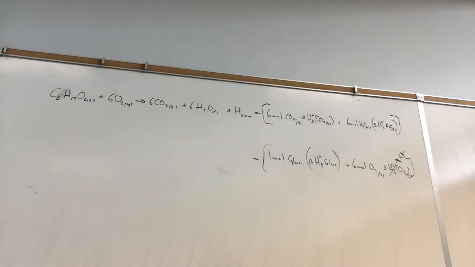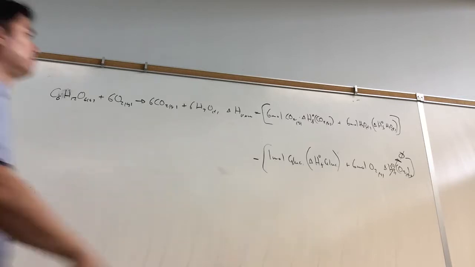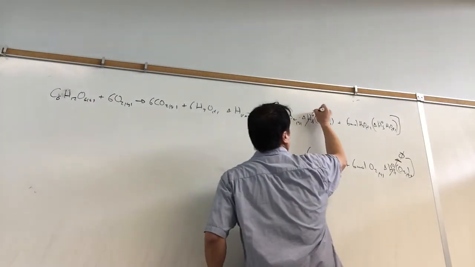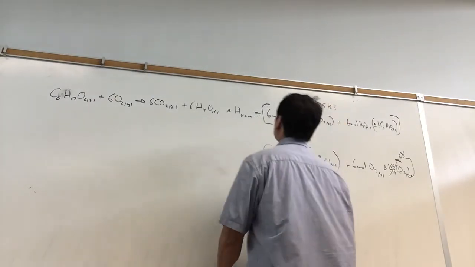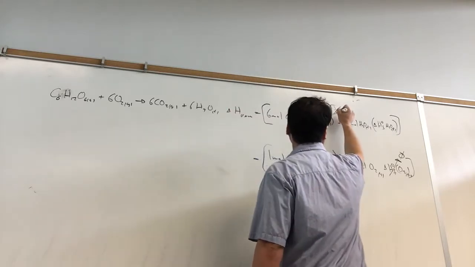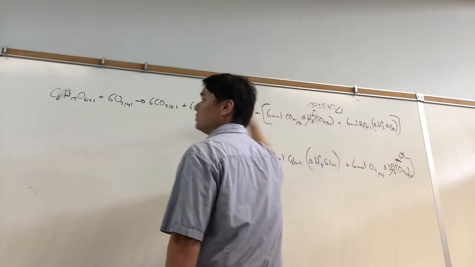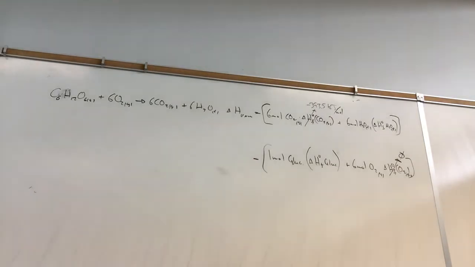When we look it up, CO2, so we go with carbon, and we find CO2. Delta H formation of CO2 gas is minus 393.5 kilojoules per mole. And we got 6 moles, so we multiply by 6. Then we go to H2O liquid, so we go to hydrogen.